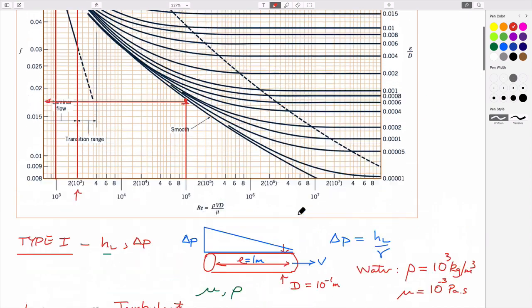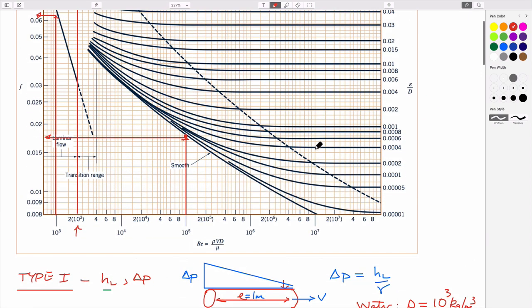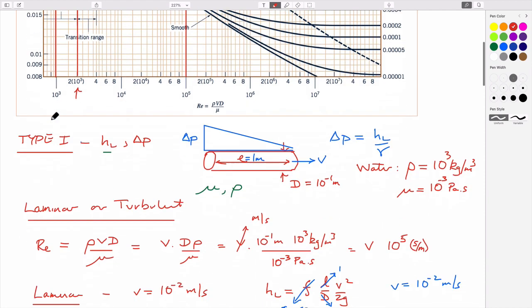And if that's the case here, then all it means is that we go further up to this particular point here, which is for this one here, and then across. And it says, not surprisingly, that if you have a rough pipe rather than a smooth pipe, the friction factor is larger, 0.022, I suppose.